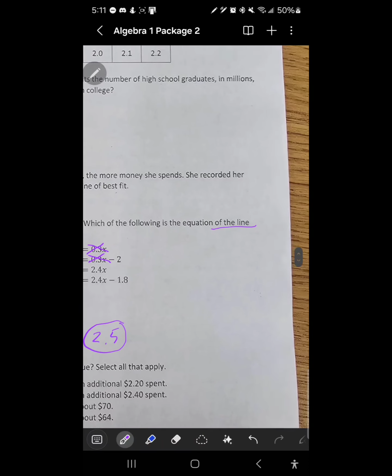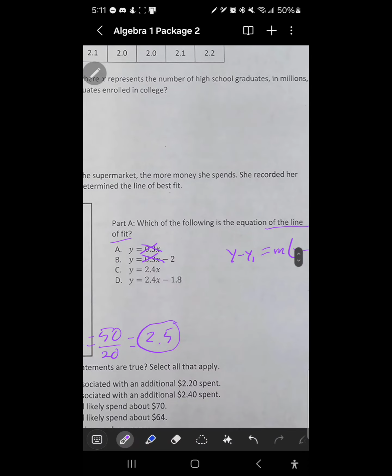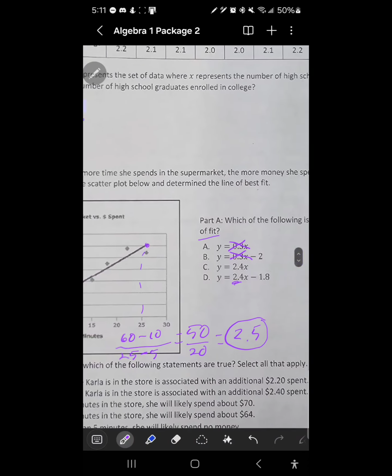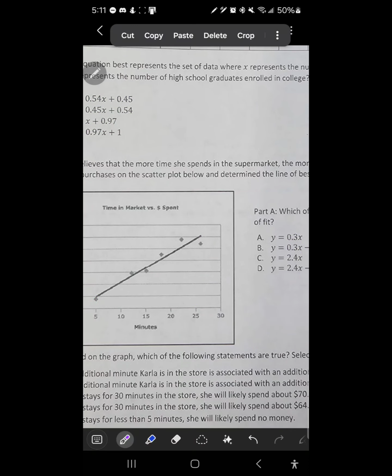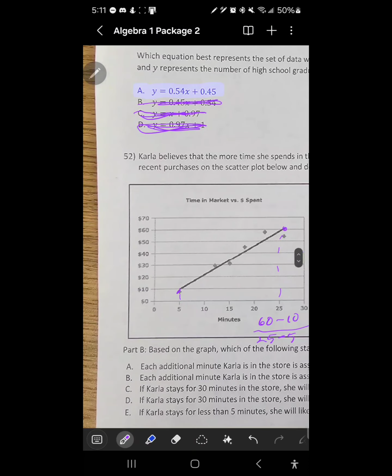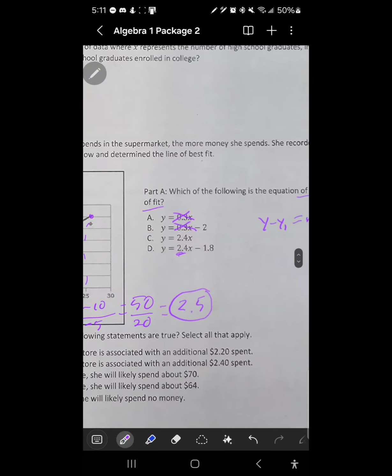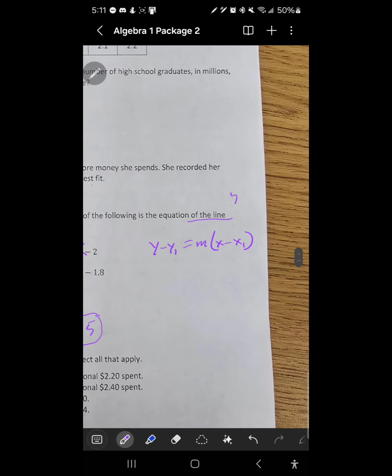So do you remember? Yeah, you must remember this, that y minus y1 equals m times x minus x1. So since now we have the slope, we can actually take 1 point and calculate the y-intercept as we have done before. So I'm going to take 5 comma 10, which is an easy point.